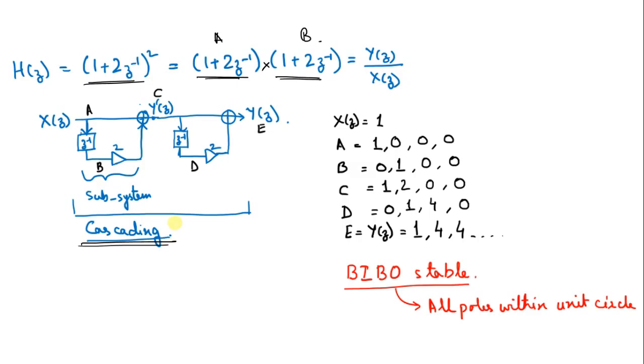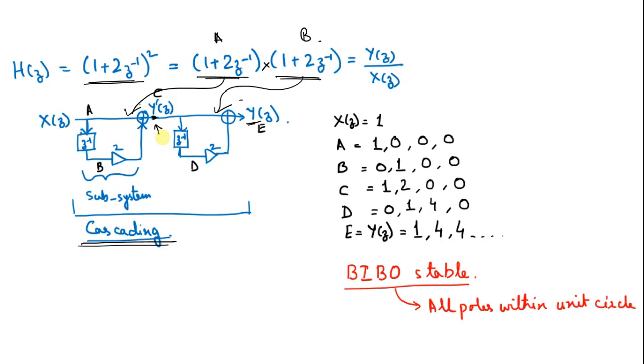Now you implement subsystem A over here, you implement subsystem B over here, and you join it, and this joining part you can say is y dash or the intermediate output. And your final output will be over here.